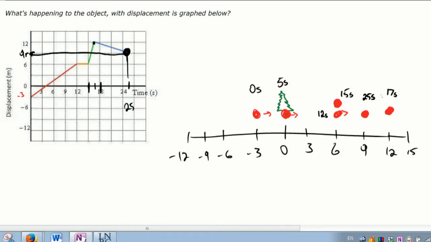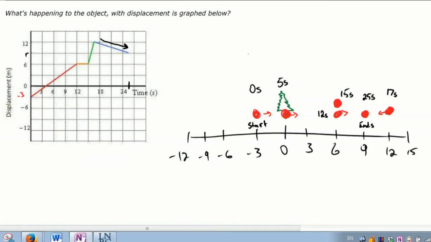So what does that blue line represent? Well, it represents a negative slope, which means it's going down to the right, which means a negative velocity. So instead of my ball moving to the right, to the right, to the right, it actually ends up moving back to the left, and this is where it ends.